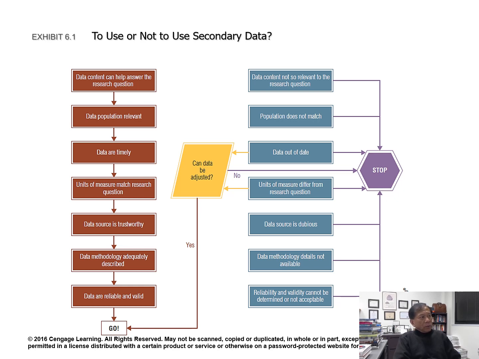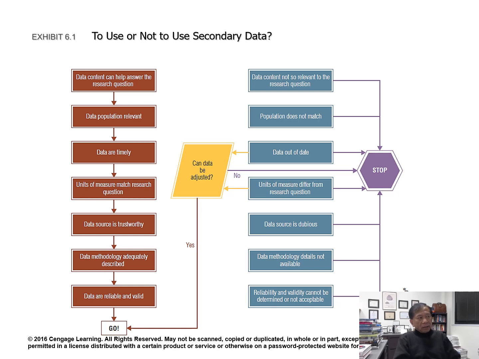First, you can start with a bunch of questions. Can the data content help answer the research question? If yes, then ask the next question: is the data population relevant? You may be surveying a certain group, a certain population, and did the secondary data survey the same group, your intended group?